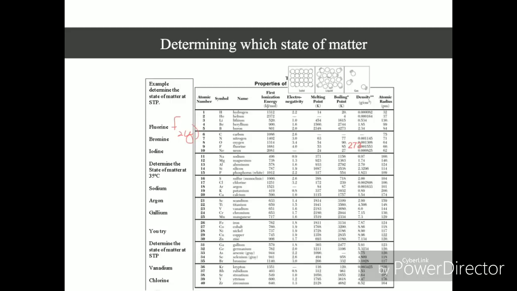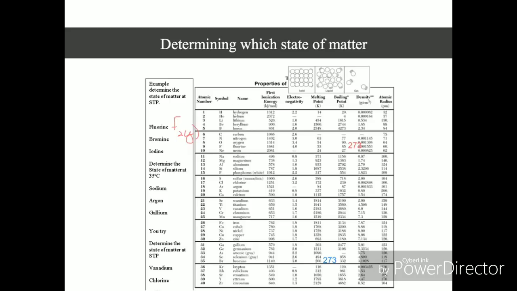Now we can move on to bromine, element number 35. So when we repeat the same step, again we're using STP, which is 273 Kelvin. We must use Kelvin because this data is in Kelvin, and we try and put in a number line for bromine. What we'll see is that 273 falls between its melting and boiling point.